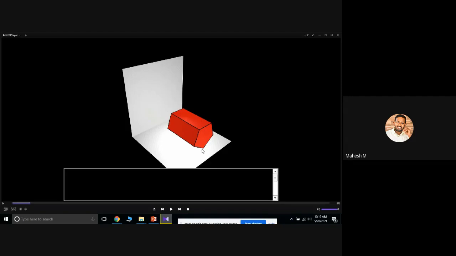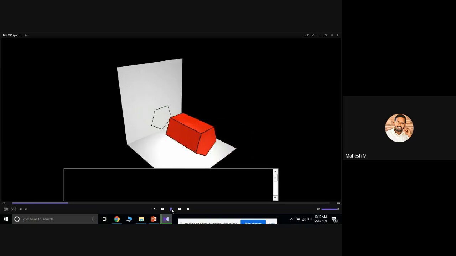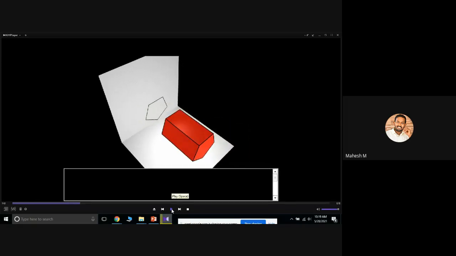If we create a diagram like this, the front view looks like a particular shape. Here the shape is a pentagon, so the front view will look like a pentagon, and the top view will look like a rectangle. You can see this diagram. We're looking from the front view direction, and you can see a pentagon as the front view.